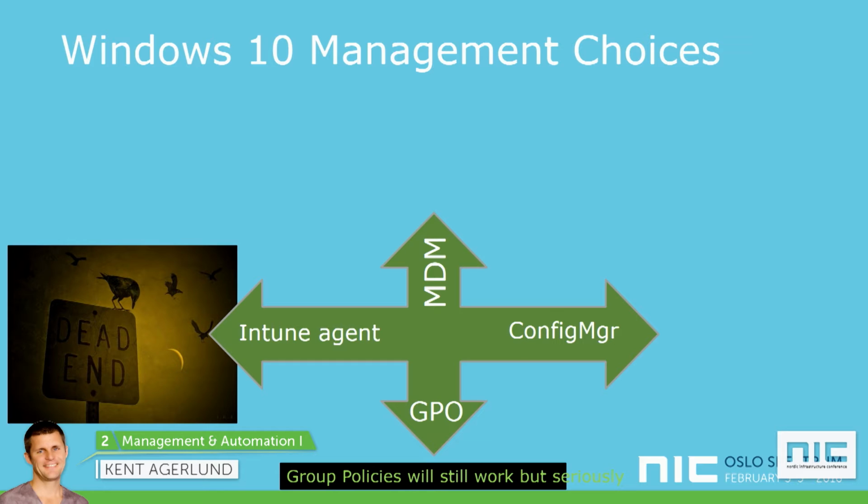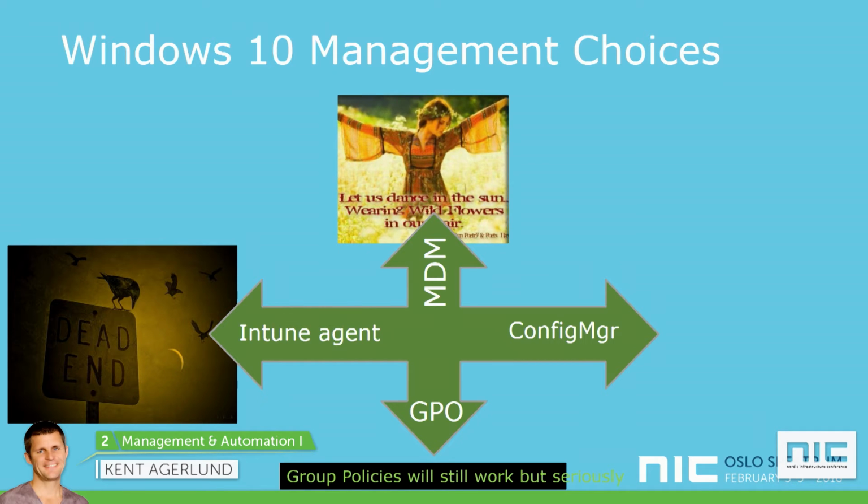Those of you who have been playing around with this, you can download and install an agent. You don't want to do that. A lot of the new management settings that we get cannot be controlled by the Intune agent. They can still be controlled by Intune and the built-in MDM agent, but you do not want to install the Intune agent. Then we have MDM, and the built-in MDM agent, that's where you want to be.